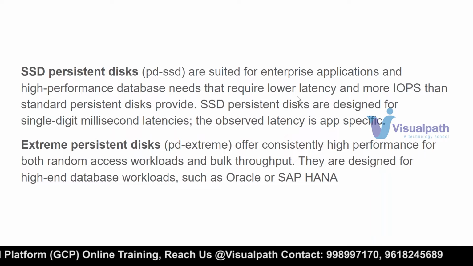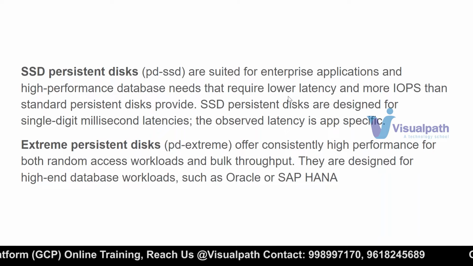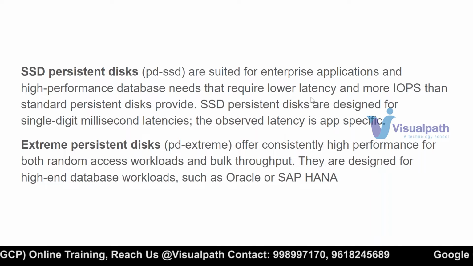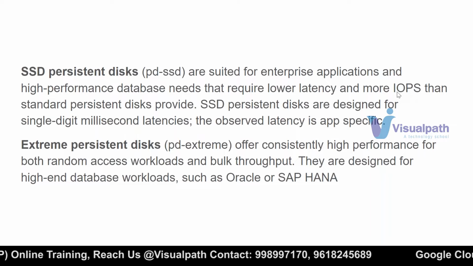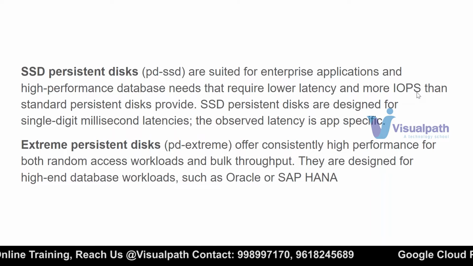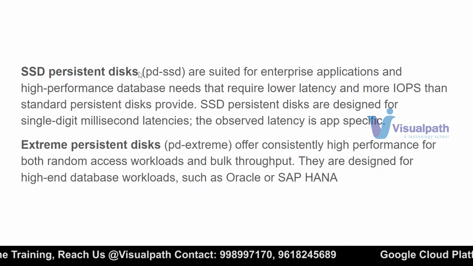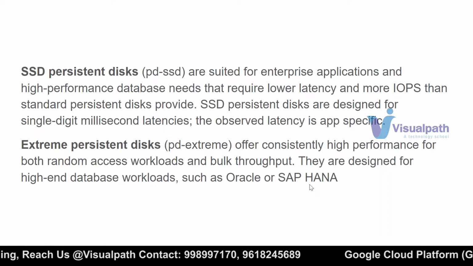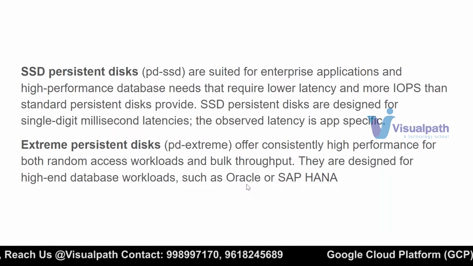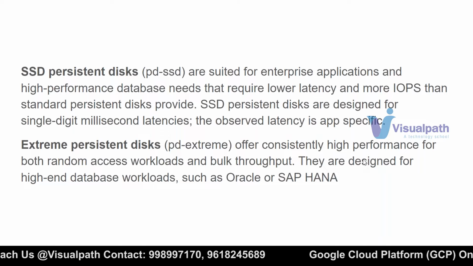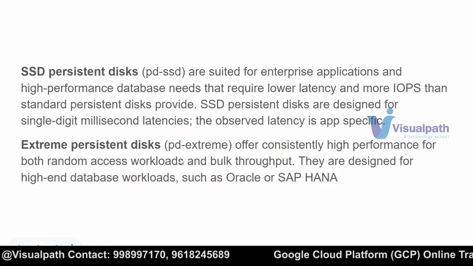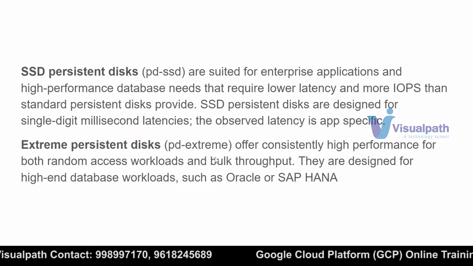If your user wants lower latency, which means very good performance and more IOPS, like more read and write operations on your disk, then you can prefer SSD. And this is for applications specific to SAP HANA and Oracle, where they have high performance databases. In that case, you will be using extreme persistent disk.